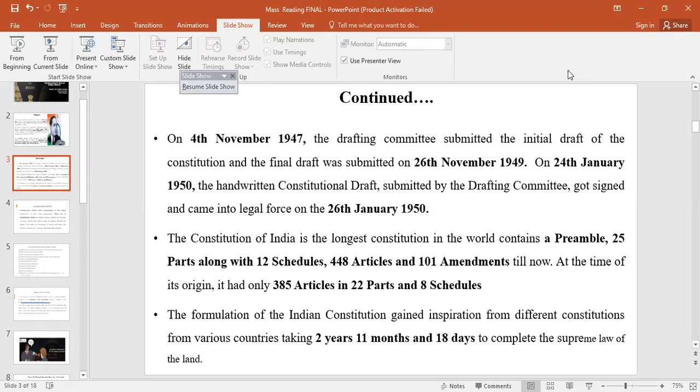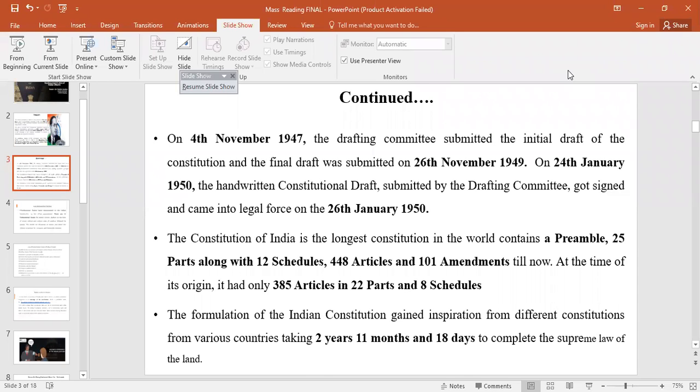On 24th January 1950, the handwritten constitutional draft submitted by the drafting committee got signed and came into legal force on the 26th January 1950. The Constitution of India is the longest constitution in the world and contains a preamble of 25 parts along with 12 schedules, 448 articles, and 101 amendments till now.